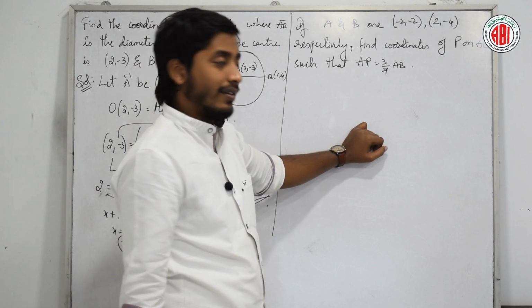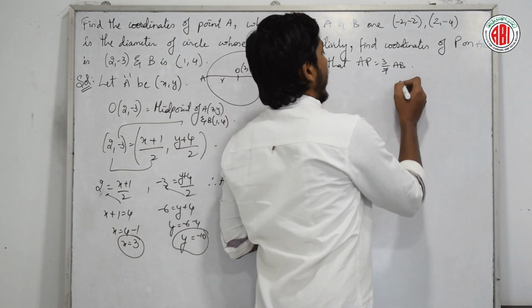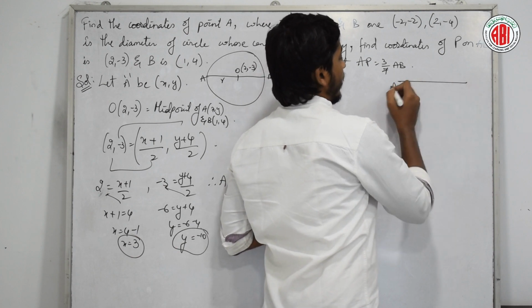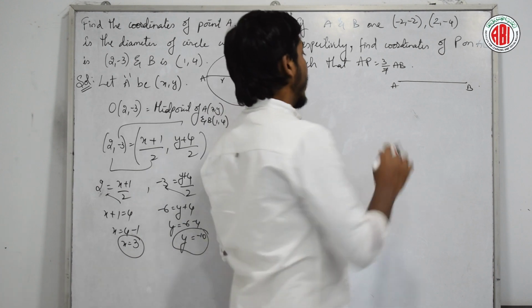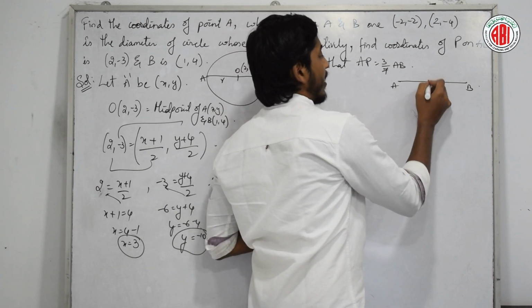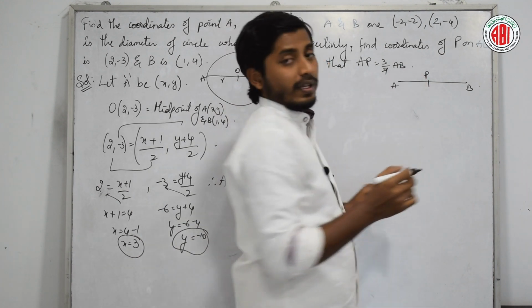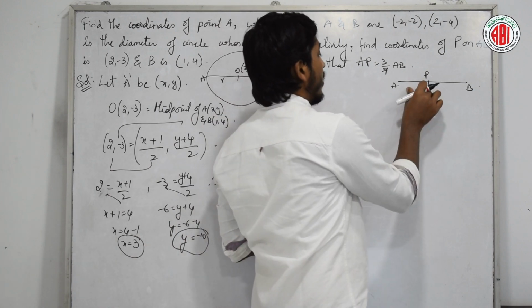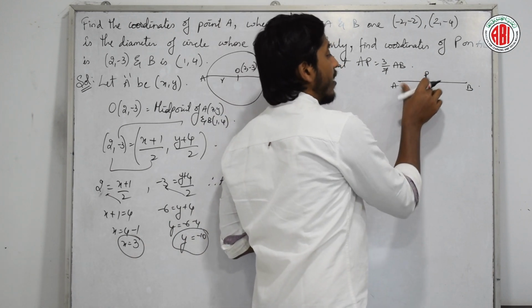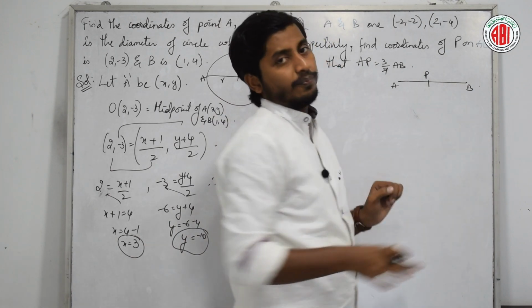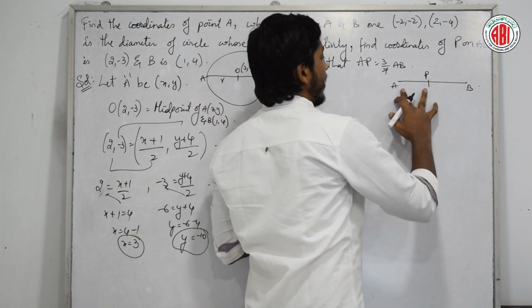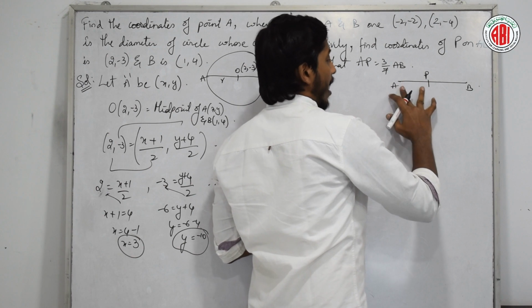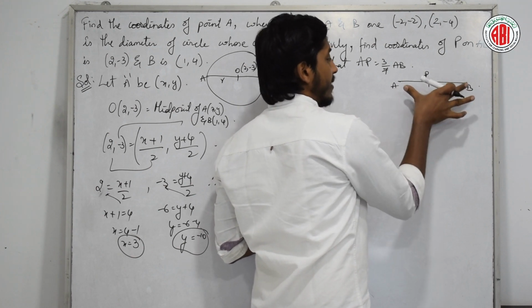Shall we do it once? Look here, from A to B, AB is in such a way that this AP, let us say some point P, AP is 3 parts out of 7 parts. That is, AP is 3 out of 7 times AB.